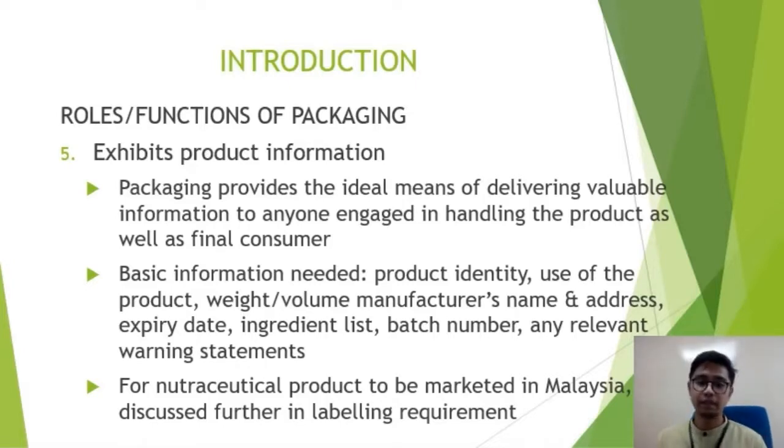So the basic information that is usually needed is the product identity, the use of the product, the weight or volume of the product, the manufacturer's name and address, the expiry date, ingredient list, batch number, and any relevant warning statement. For nutraceutical products to be marketed in Malaysia, we will discuss the labeling requirements in the next slide.